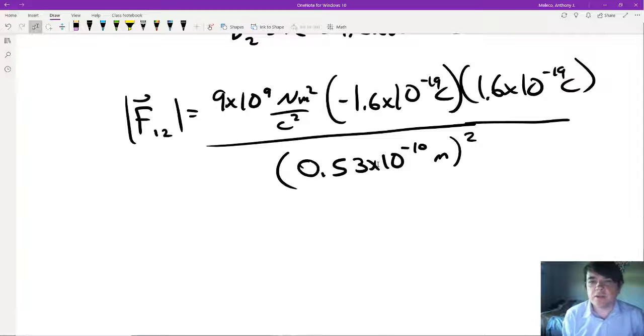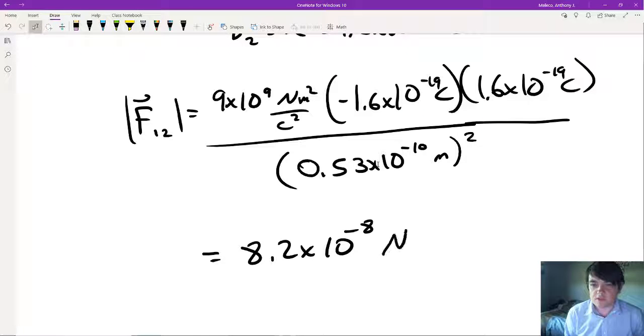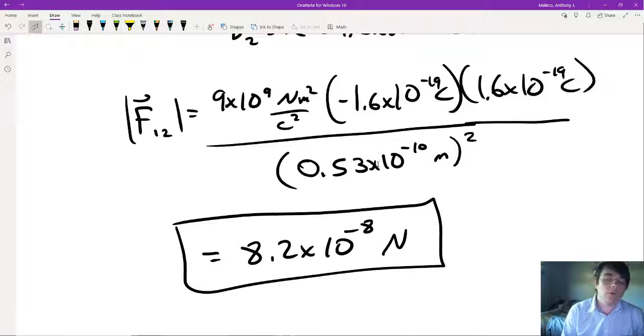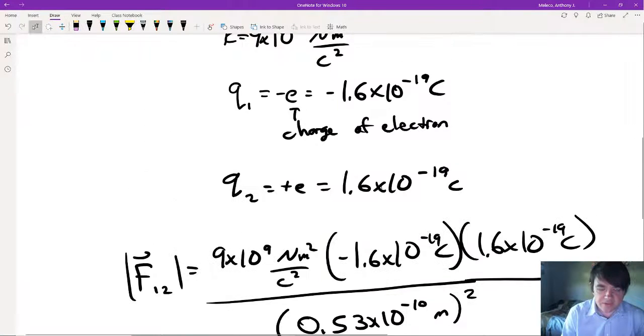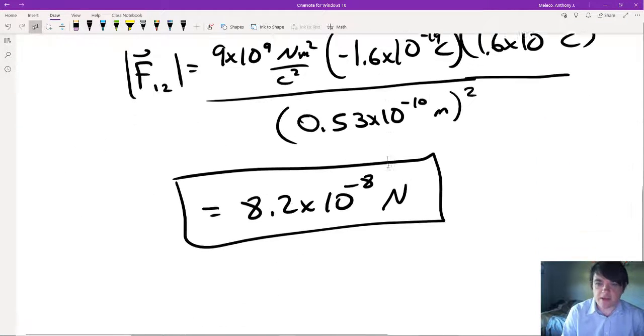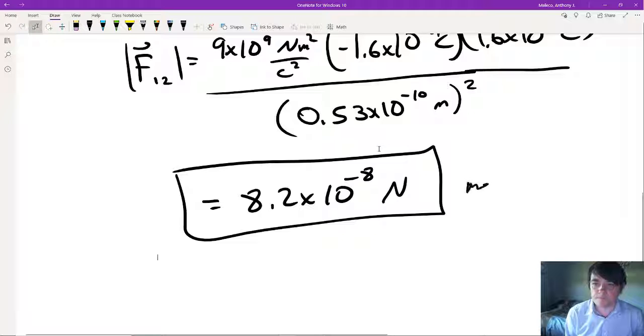You'll notice that the meters will square for the units, and the coulomb squared will cancel, giving us units of newtons, which is a force. And this actually equals 8.2 times 10 to the minus 10 newtons. So that's the magnitude of the force. Magnitude, check. We're done with that.